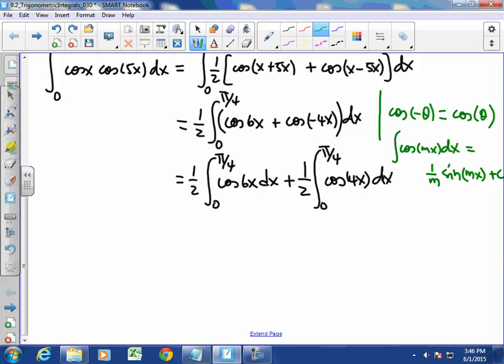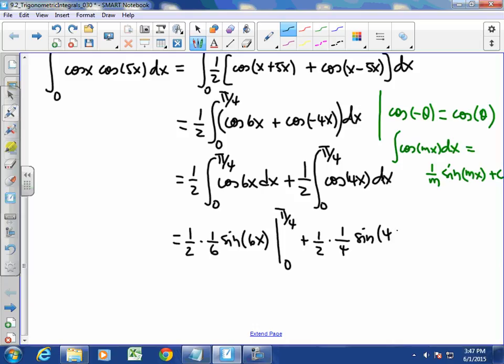So this said, we have 1 over 2 times 1 over 6 sine of 6x, from 0 to pi over 4, that's what we are doing, plus 1 over 2 times 1 over 4 sine of 4x, from 0 to pi over 4.